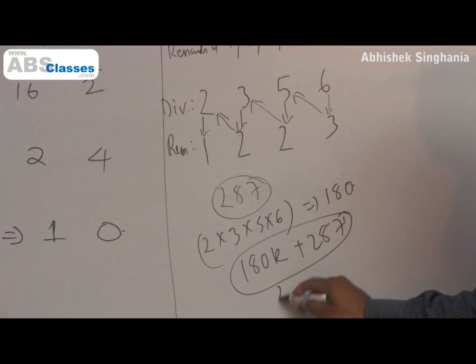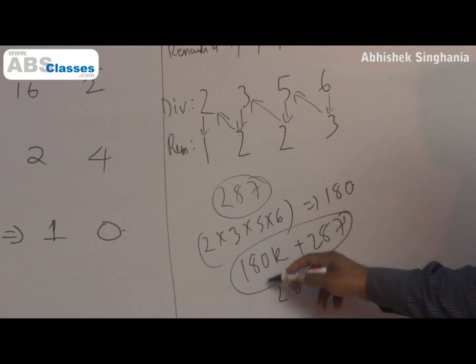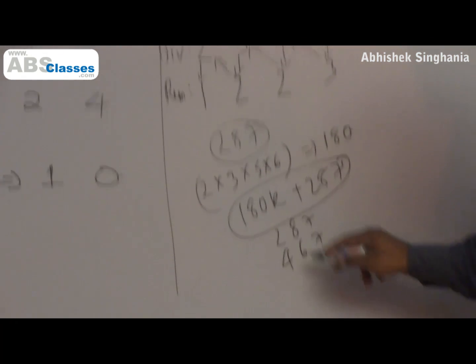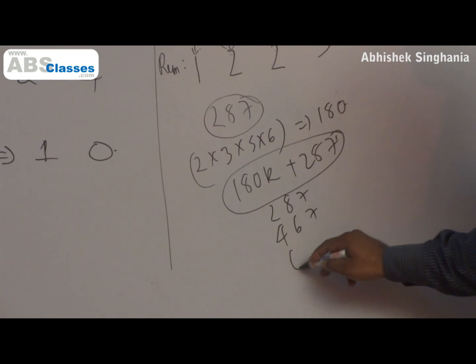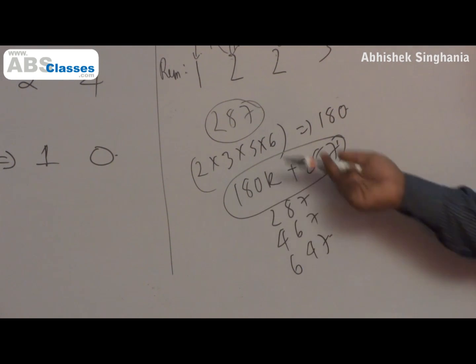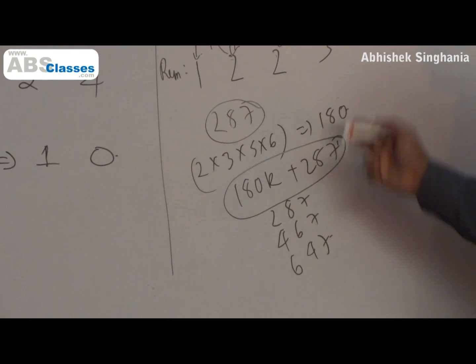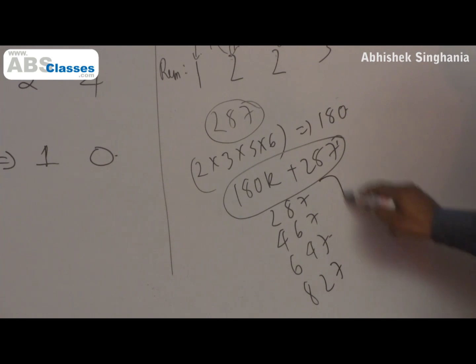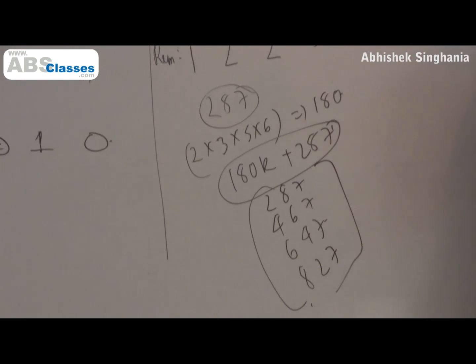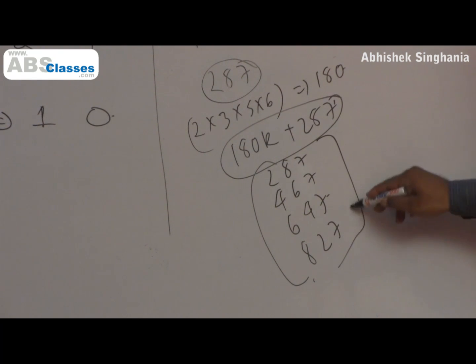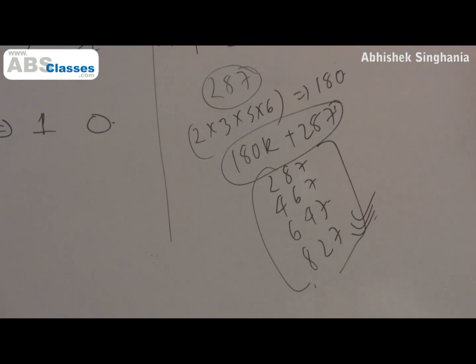So my numbers can be 287, or 180 plus 287, which is 467, or 360 plus 287, which is 647, or 540 plus 287, which is 827, and so on. For example, if the question was, what is the biggest 3-digit number which will give us a property like that, the answer is 827.